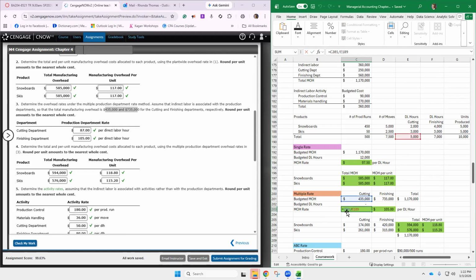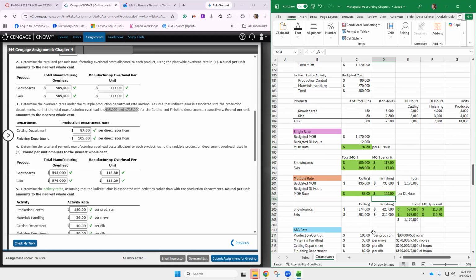My fault. We're just looking at the cutting department only right here. So their rate is $87 per direct labor hour, and finishing takes the 735,000 that was assigned to them divided by 7,000 hours, so it's $105. And now we're going to apply this to each product.